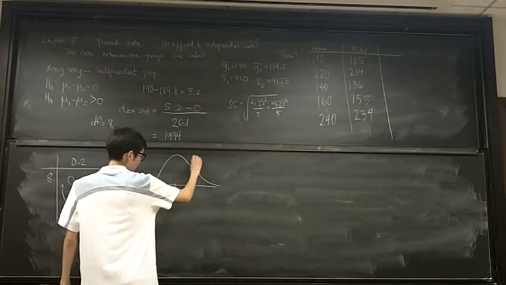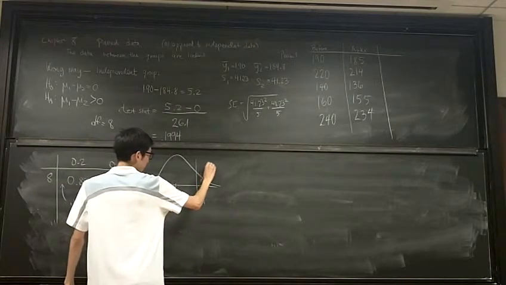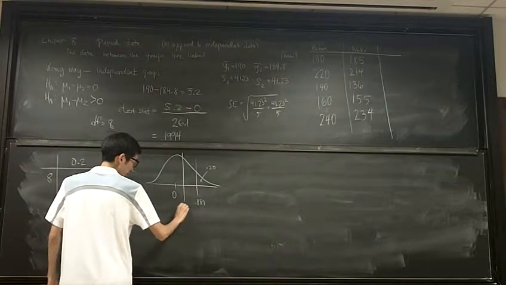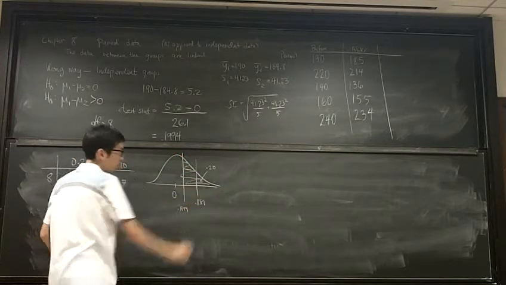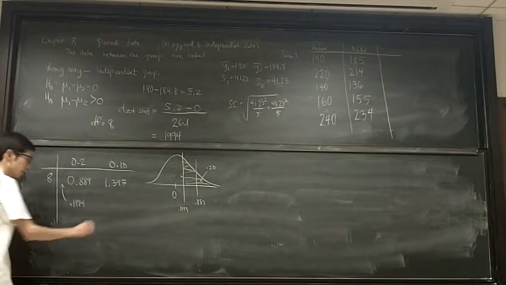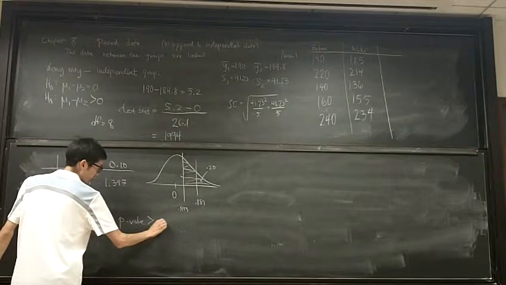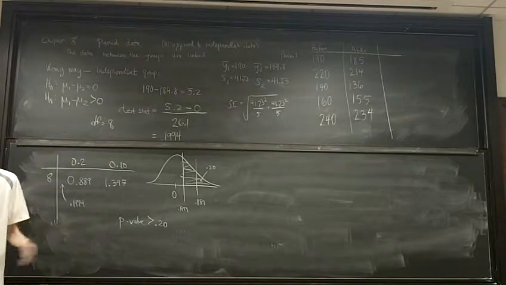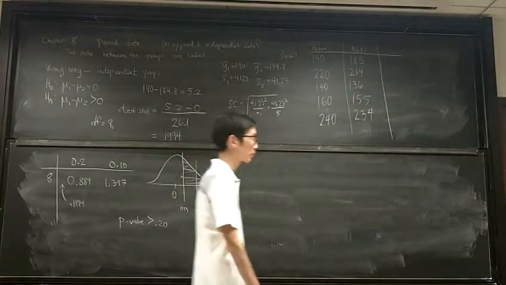If I draw a line at 0.889, I've got 20% here. But I'm drawing a line at 0.1994, so practically 0.2. So whatever the amount in this tail is, it's a lot more than 20%. We also know it's less than 50%, but we know our p-value is bigger than 20%.